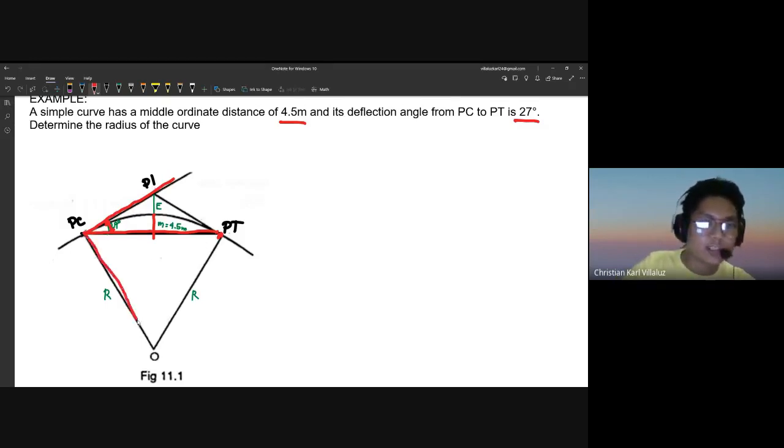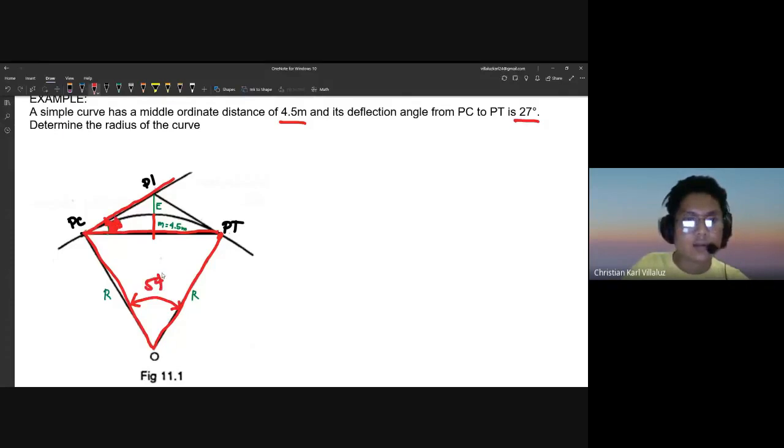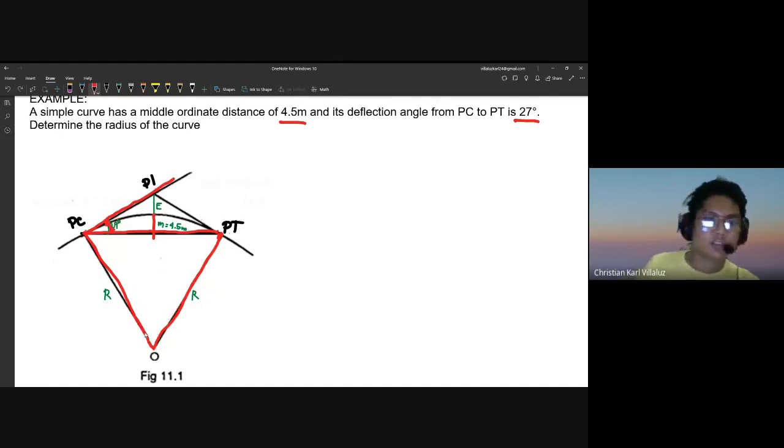So, yung equivalent central angle nitong deflection angle na to ay madodoble. So, from 27 degrees multiplied by 2, that's equivalent to 54 degrees. So yun pala yung equivalent central angle ng ating curve. So that's 54 degrees, which is also the I.